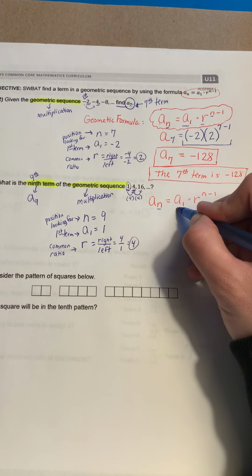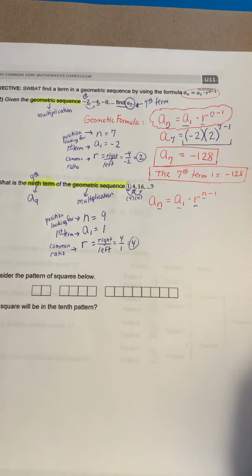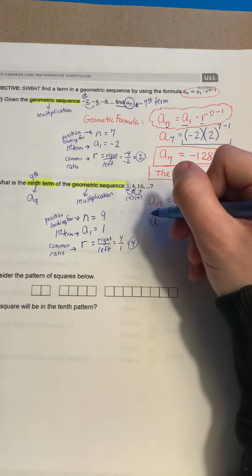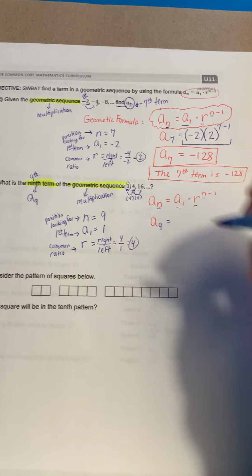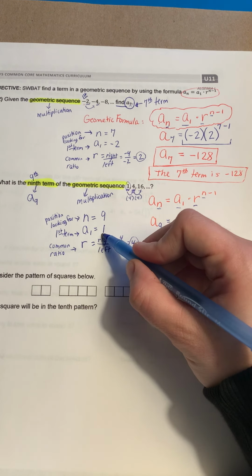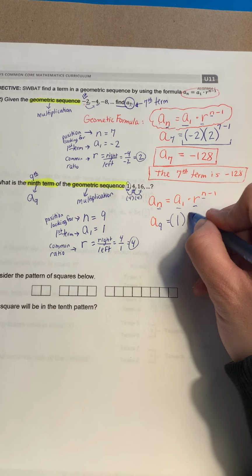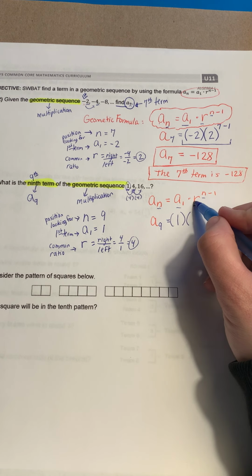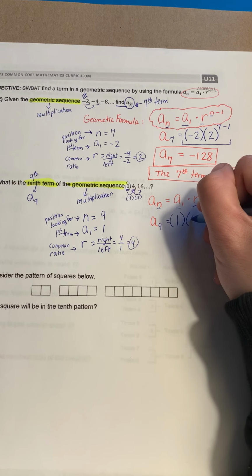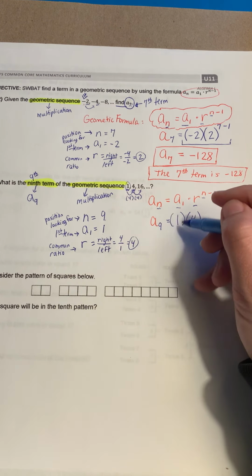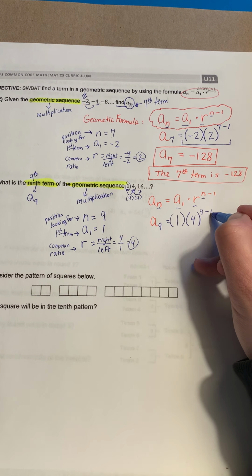Now we just plug in. So again, my three pieces that I'm going to plug in. a sub n, n is going to be 9, equals a sub 1. I already wrote it down. My first term is 1, in parentheses, times my r, which we figured out was 4, what we're multiplying by, raised to the n, which was 9, minus 1.